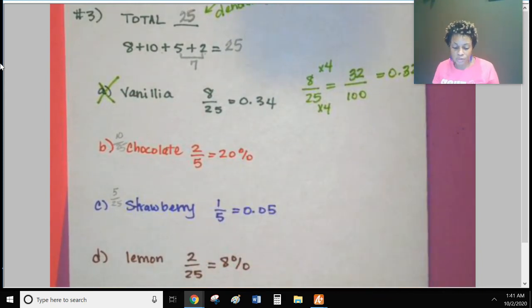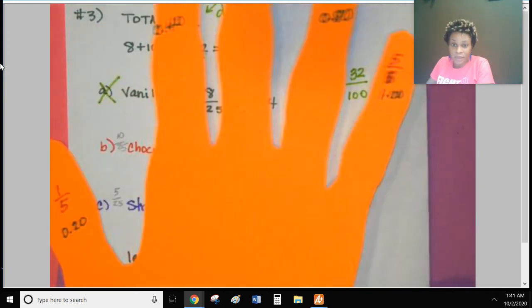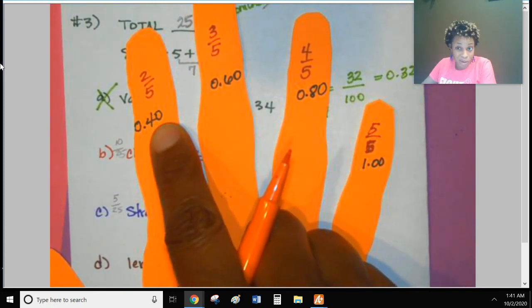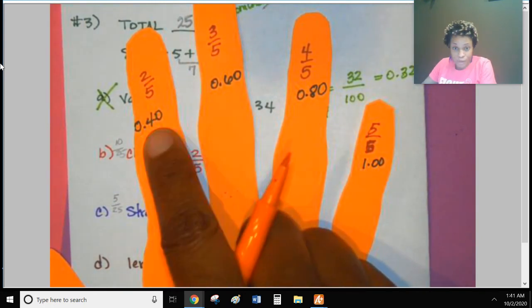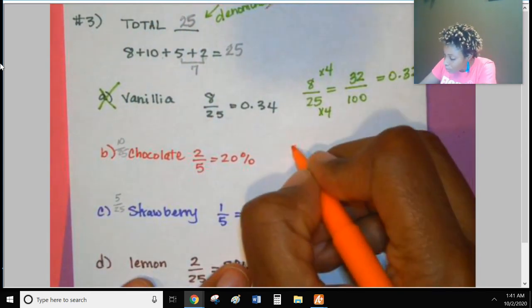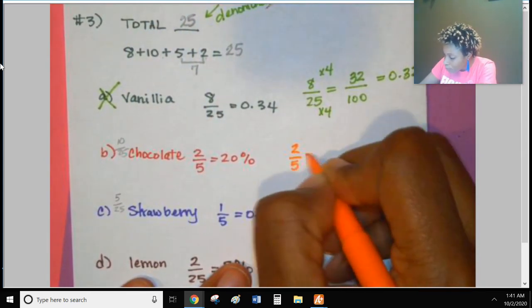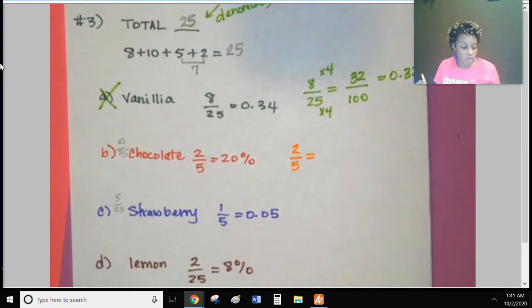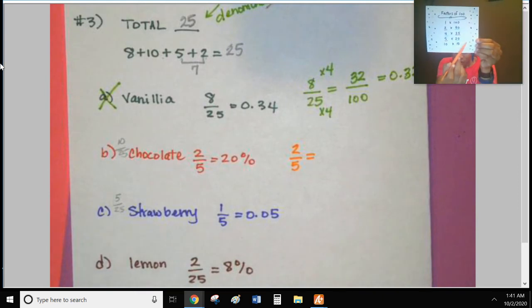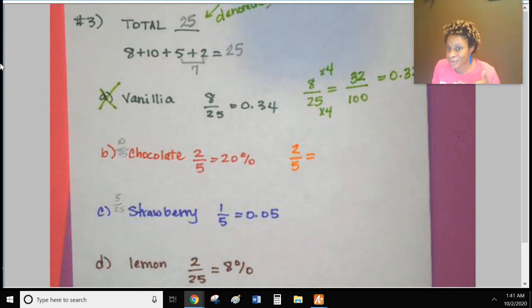So you can do this two ways. You can think about your fifths on your hand. 2/5 is 40 hundredths, right? Or 40%. Or you can do our little friendly number trick. Remember, 5 is one of those factors of 100, right? So you could do 5 times 20 to get 100, or we can go to 10, which is quicker.